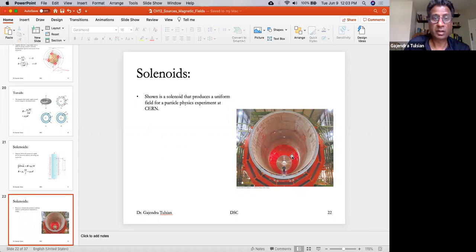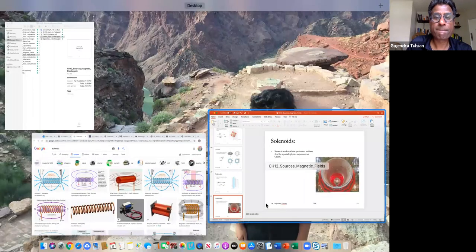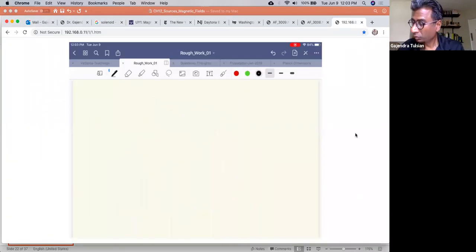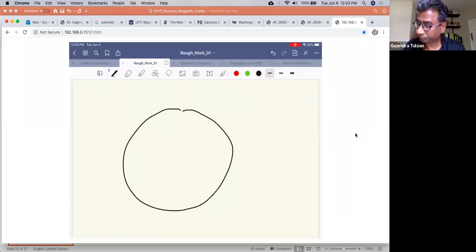At CERN, here's a 60-kilometer ring, and the solenoid sits there. Proton and antiproton beams will collide here.